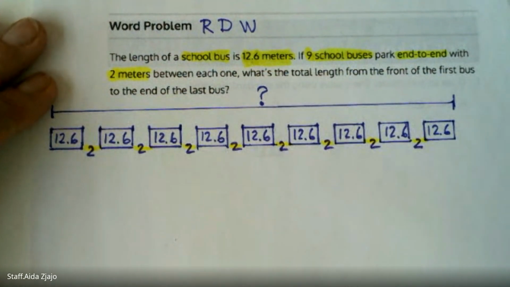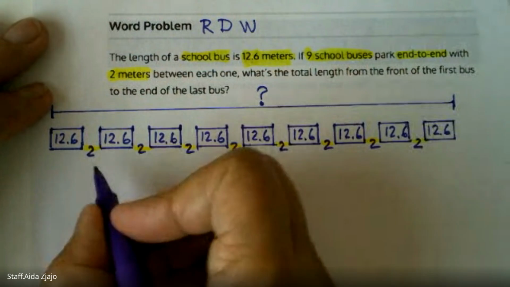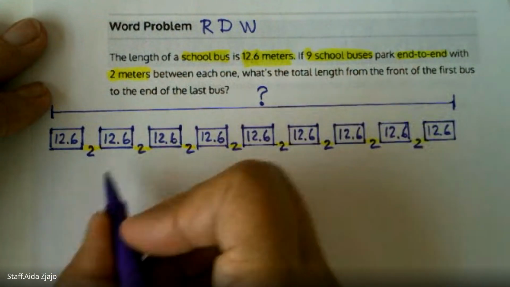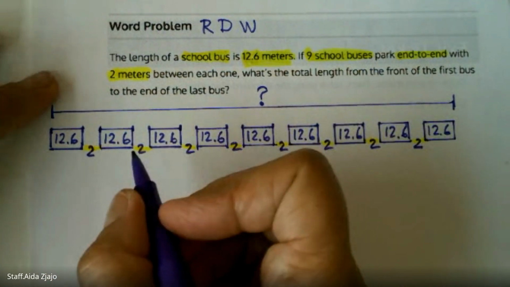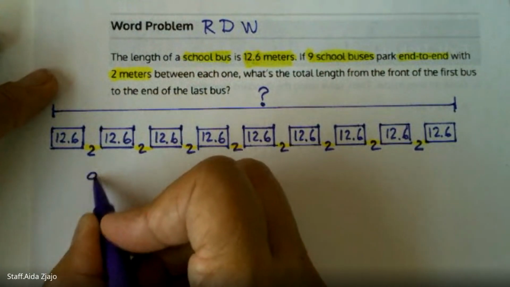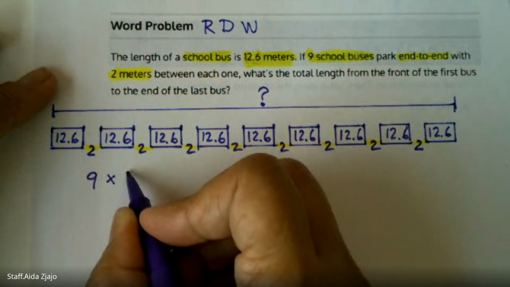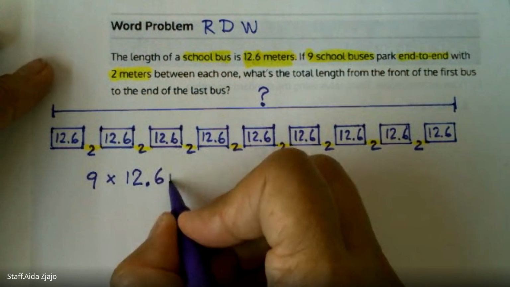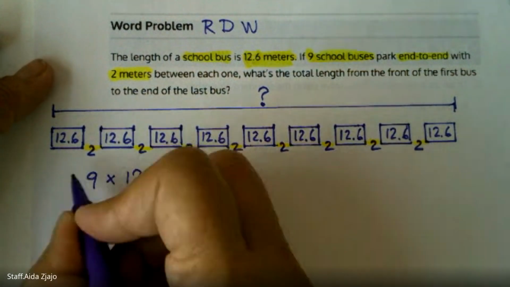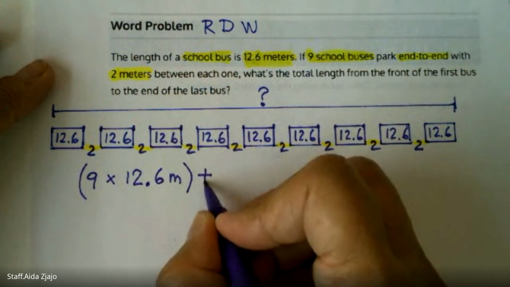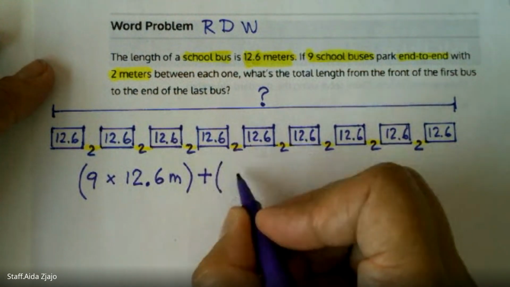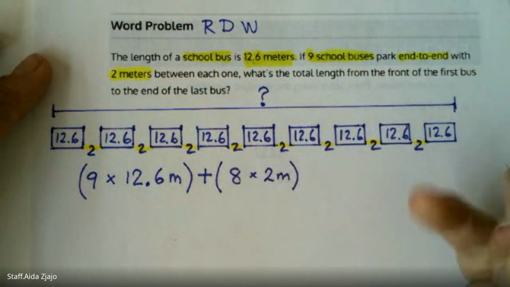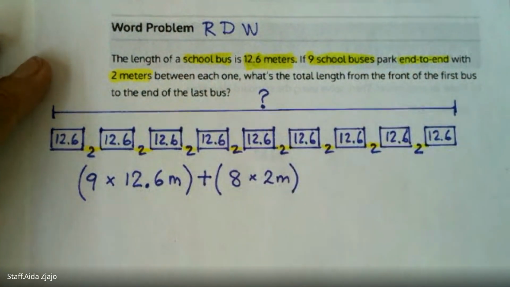So we know then it's going to be 16. If we want to make an expression, we can easily write an expression for this problem. We have 9 buses times 12 and 0.6 meters, and then we also need to add the space in between. So we have 8 spaces of 2 meters. And this will be our expression for this problem.